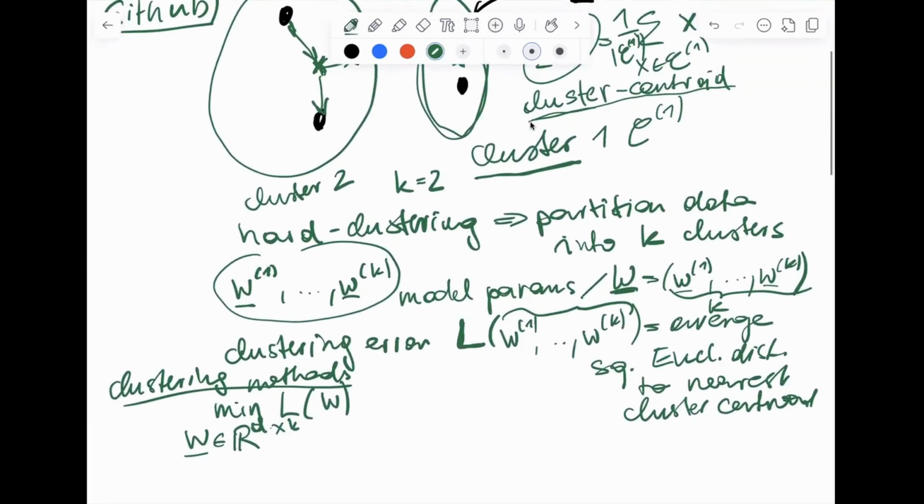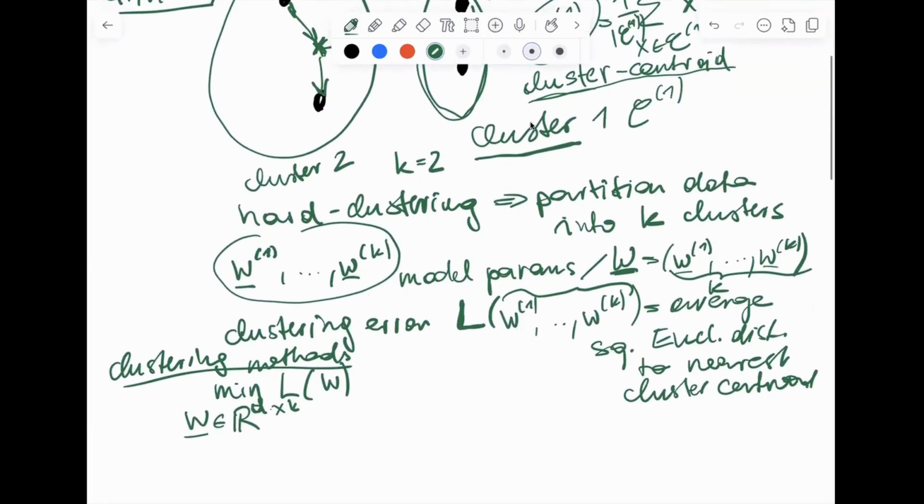A challenge here is that in contrast to other empirical risk minimization methods like regression using linear models or using deep learning, this function L of W is typically non-smooth. Non-smooth and non-convex. So it's among the hardest objective functions you can think of.